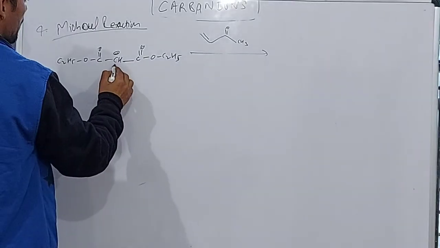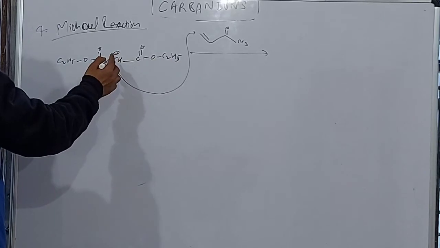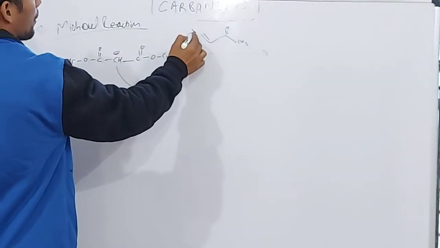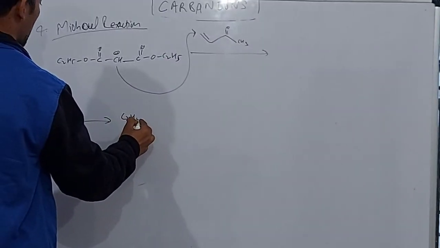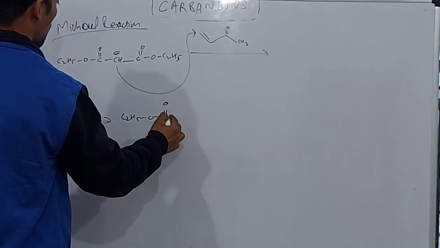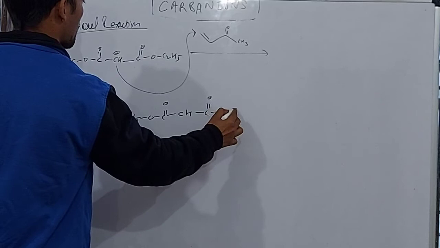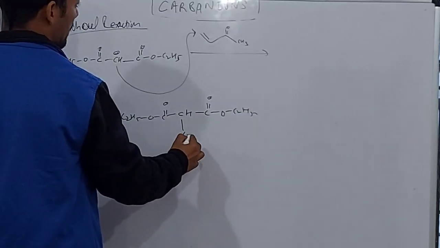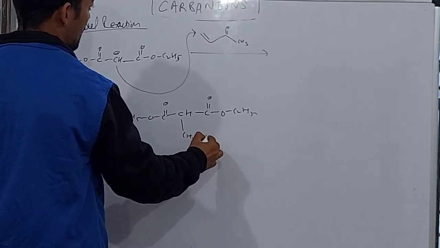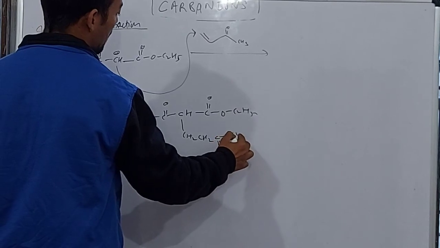Now there will be a nucleophilic attack from this carbanion to this position, so that in the product we will get C2H5 COO C double bond O CH COO C2H5, and here we get CH2 CH2 C double bond O CH3.